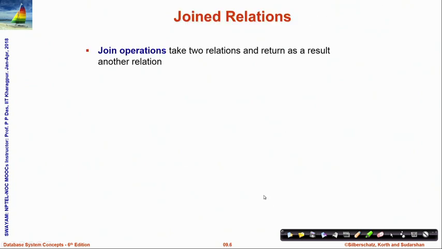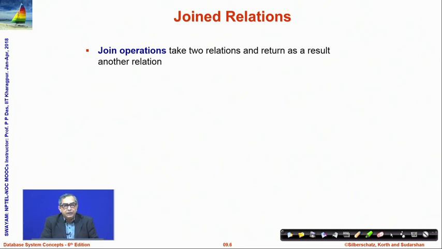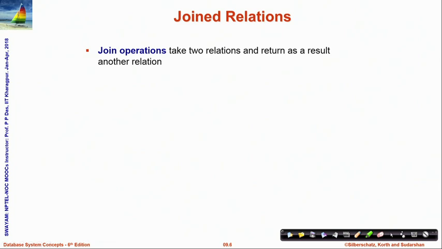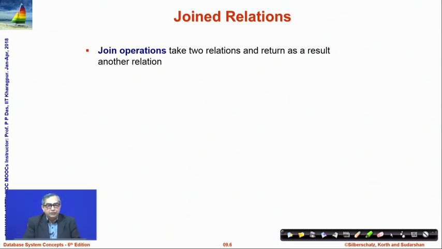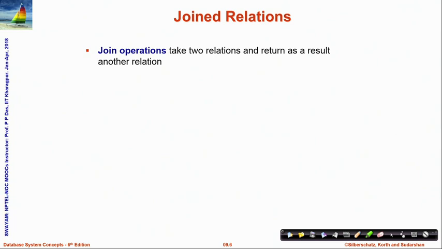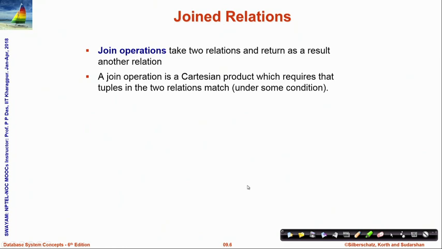Join, as we have already introduced, takes two relations and returns a result as another relation. So, it is two different instances of two schemas, and we try to connect them according to certain properties. A join operation is primarily a Cartesian product, which relates tuples in two relations under certain conditions of match.